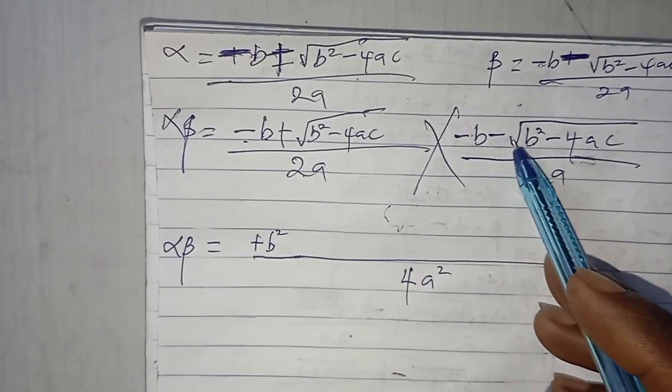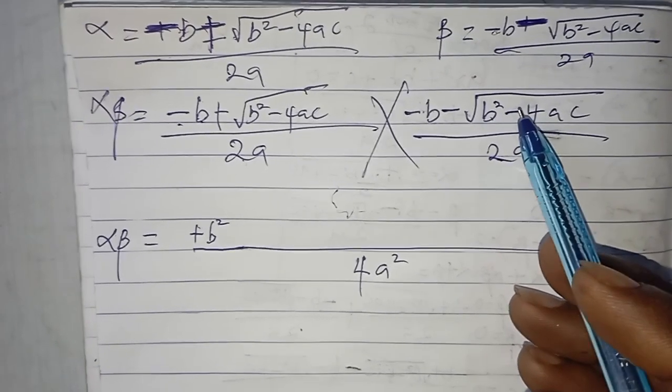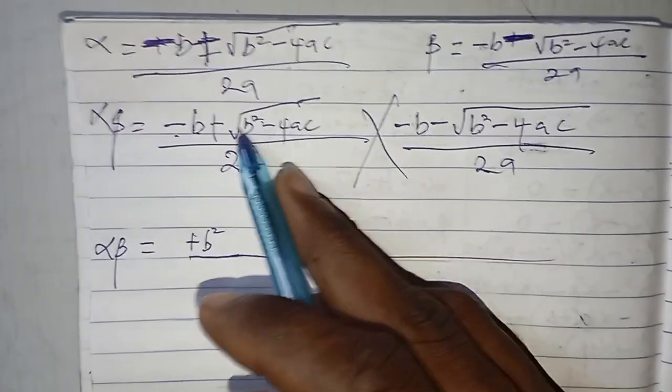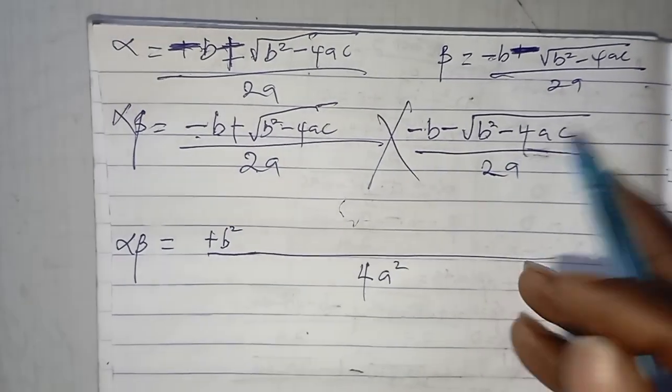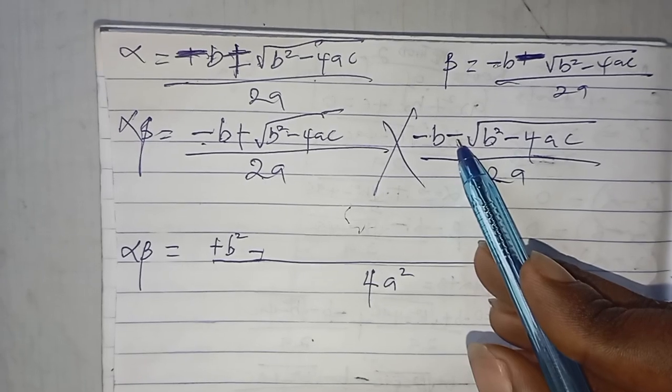Minus b into everything inside this root is 1. It's just like when you see sine or log or cos. Everything there is bonded. So everything inside this root is bonded. So minus b times root of this becomes minus. And notice that this root is having minus.